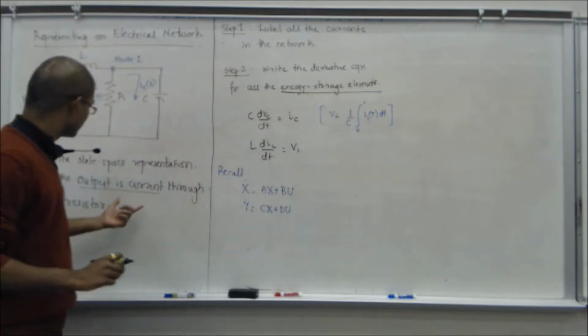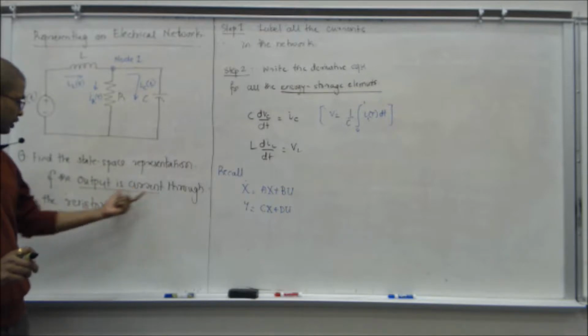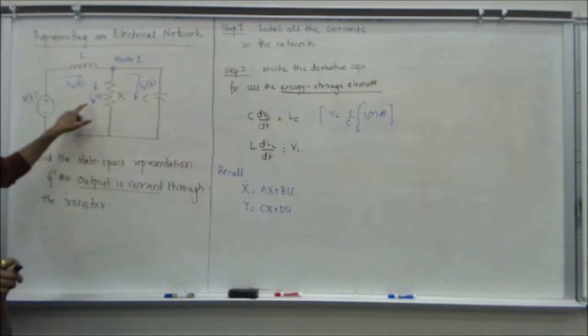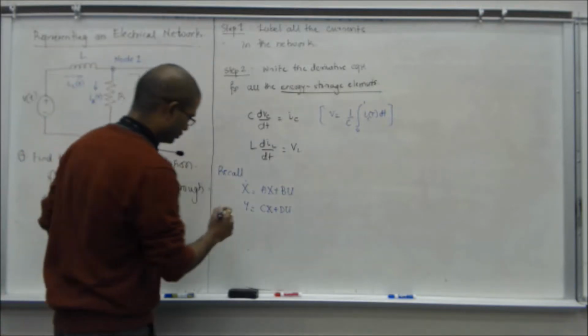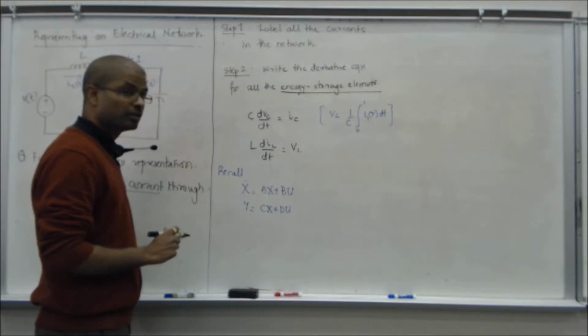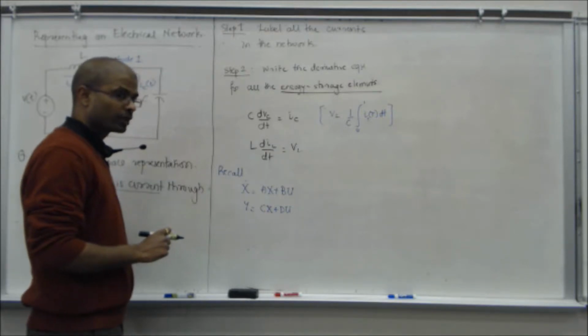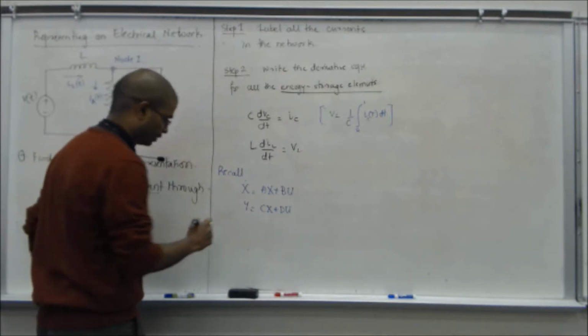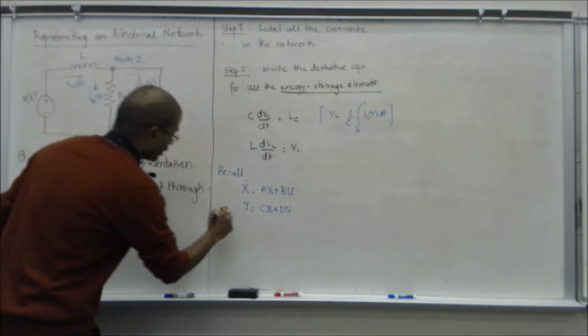Y, the output, is the current through the resistor. What is the current through the resistor? IR. We'll see how we can write that. We'll get to that, just give me a second. So step 3.